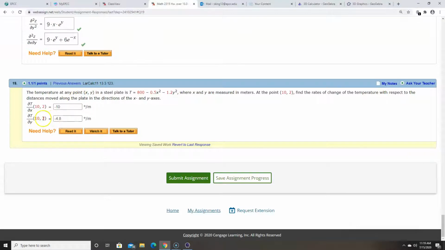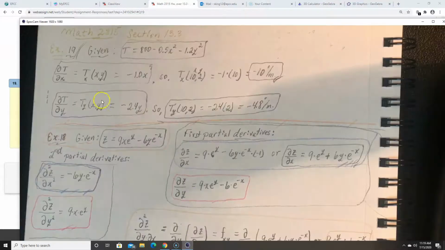Now do the same thing with respect to y. So the partial derivative of T with respect to y, or you can write it as T subscript y of the two-variable function. Come up here to these terms again and differentiate partially with respect to y. Anywhere there's an x, you treat it as if it were a constant.